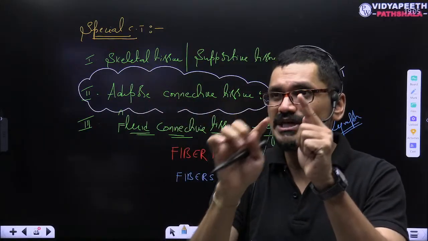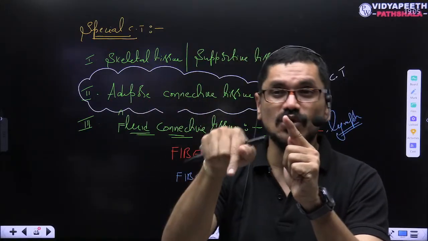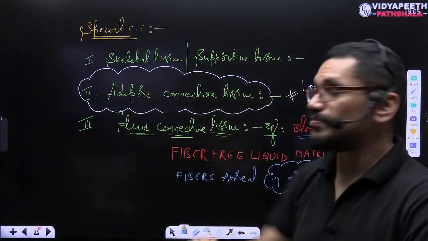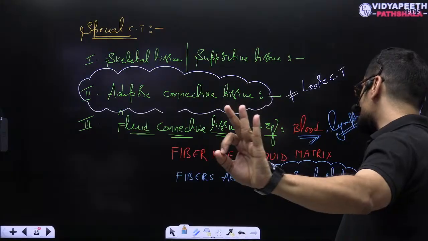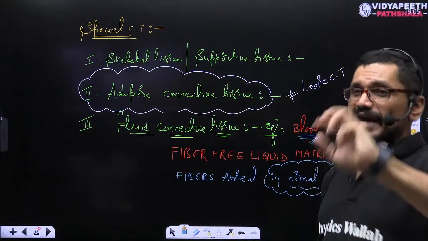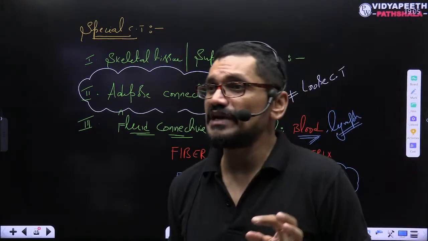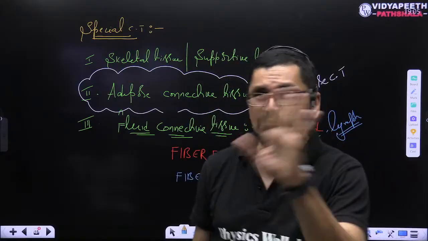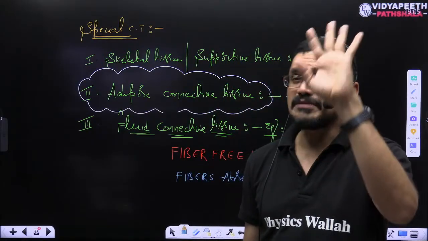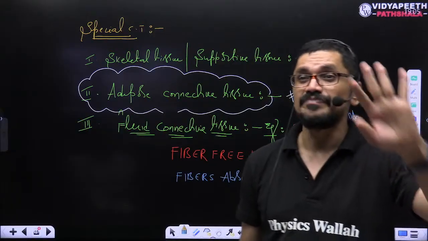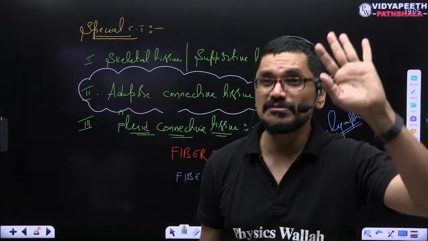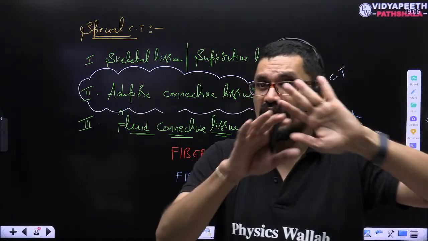Whenever there is damage to a blood vessel, the blood has to clot, and at the time of clotting these fibers are present. So fibers are generally not seen in the normal state. When blood is present inside the blood vessel, listen carefully, it will not clot.